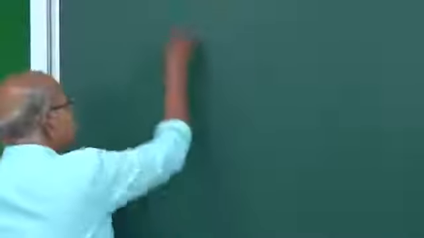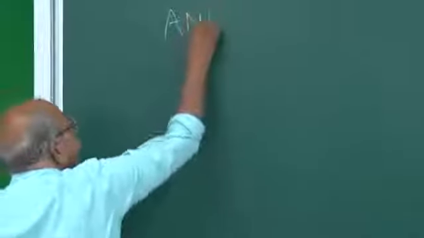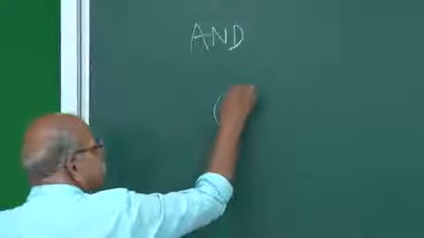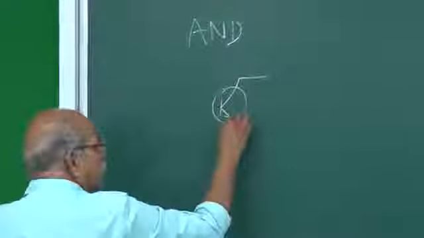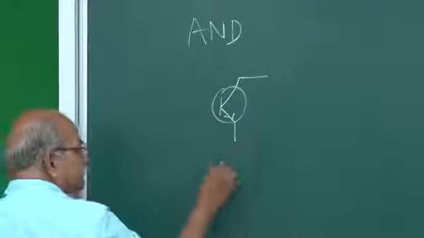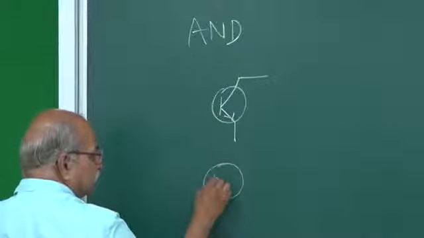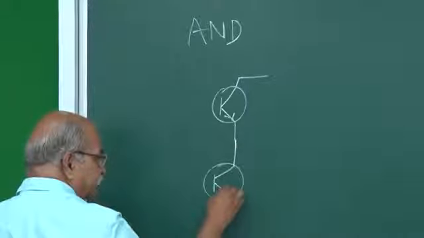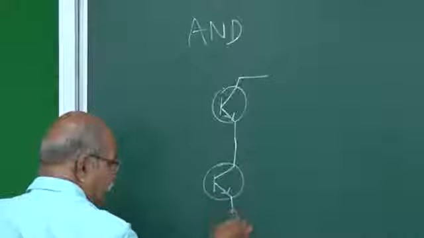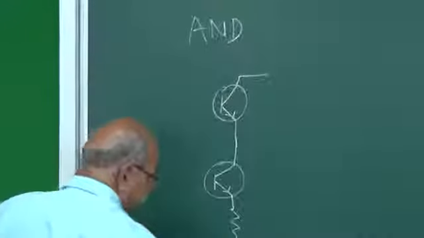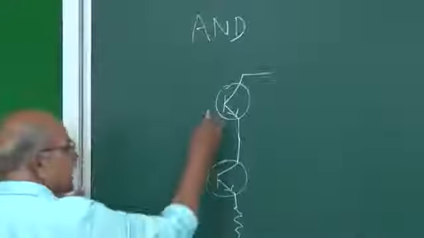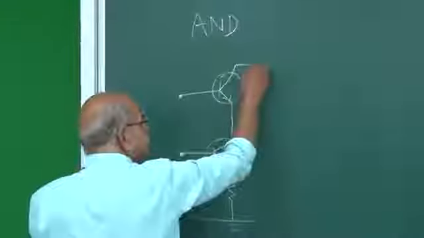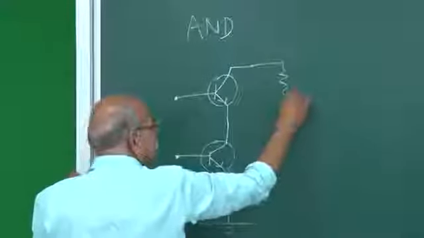So, you can make a circuit, you take two transistors, this is NPN transistor, and then you connect it in series in this fashion. This is your ground, and these are the two input points, and here you have biasing, normal biasing you can do.